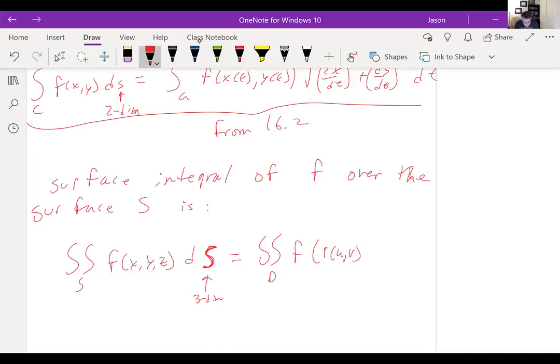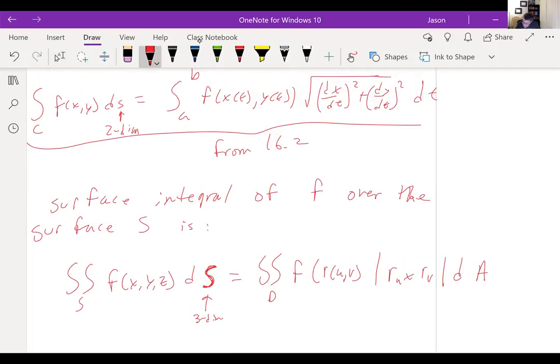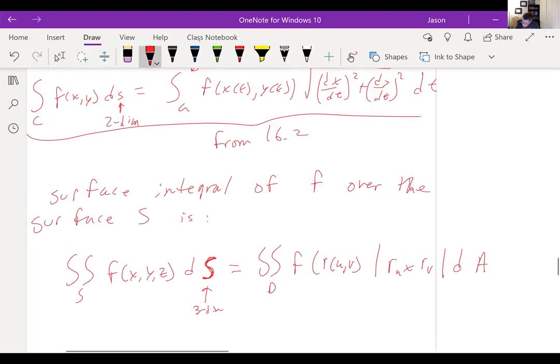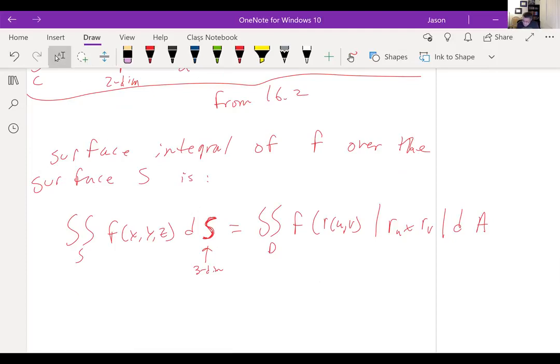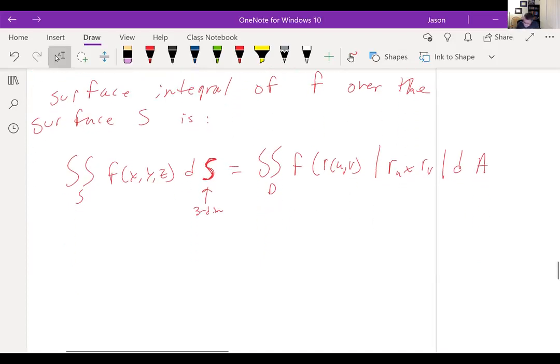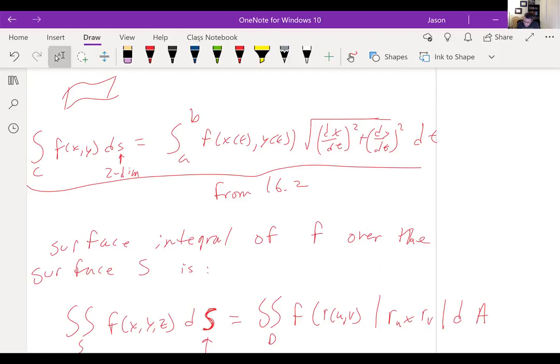So we parameterize this thing in terms of r(u,v), times the magnitude of r_u cross r_v, dA, over the area of the surface integral, with respect to A. Before we had dt, because t was just one parameter. Now it's in terms of two parameters, u and v, so it's an area of u versus v. Whereas before we had a single integral, now we have a double integral.